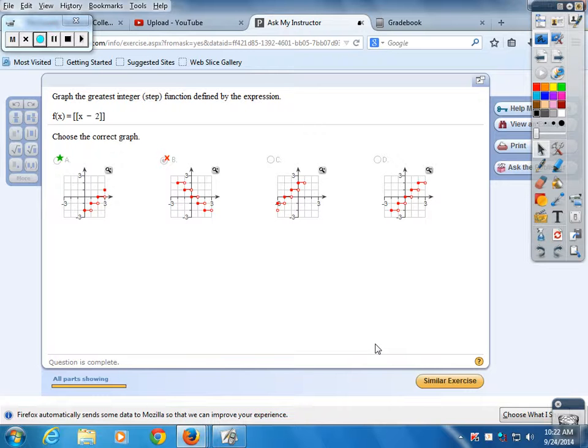All right. Graph the greatest integer step function defined by the expression f of x is equal to x minus 2. Why is it double bracket? Because they call it a step function. That's why.